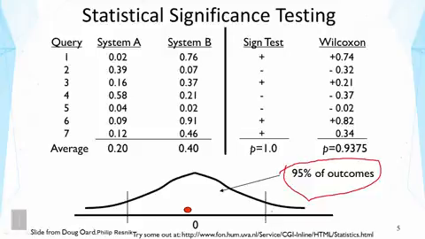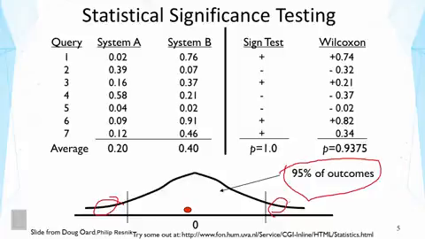But if you observe a value in this region, or a difference on this side, then the difference is unlikely from random fluctuation, right? There's a very small probability that you will observe such a difference just because of random fluctuation. So in that case, we can conclude the difference must be real. So system B is indeed better. So this is the idea of a statistical significance test.